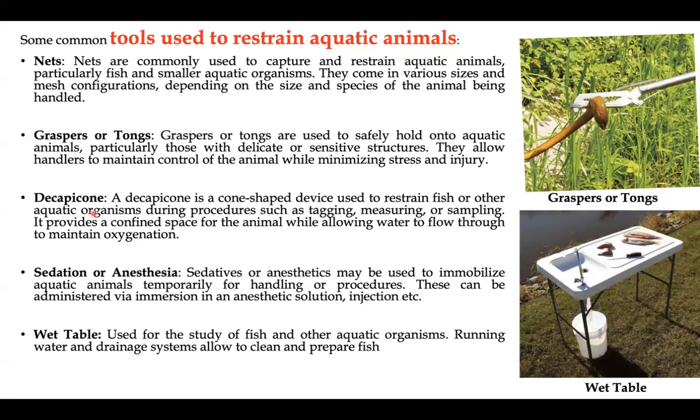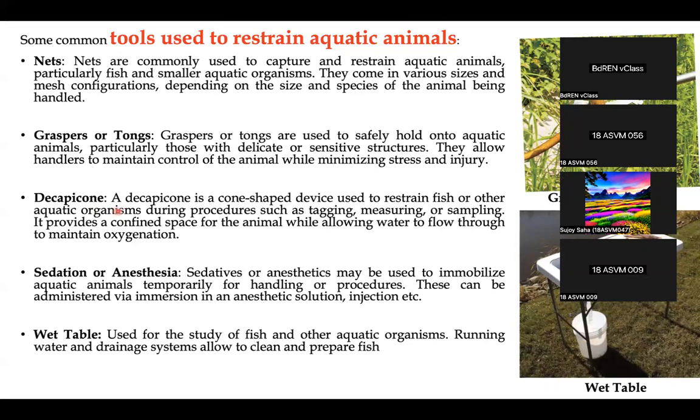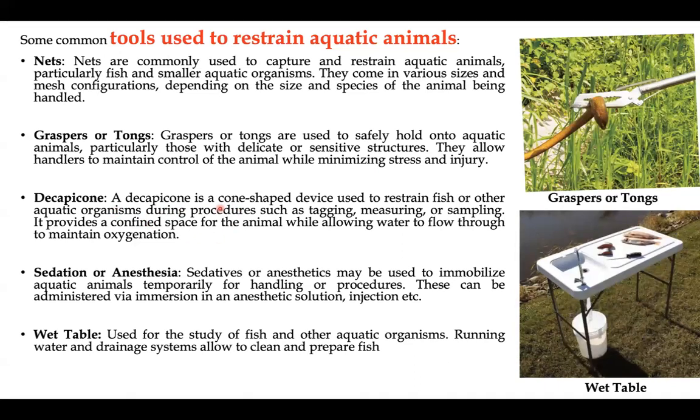Decapicone is a cone we have already discussed, but this is especially for aquatic animals. A decapicone is a cone-shaped device used to restrain fish or other aquatic organisms. The decapicone we talked about before was for small animals like mice or rats, but this kind of bag, a bit larger in size, is also available for fish and other aquatic animals.